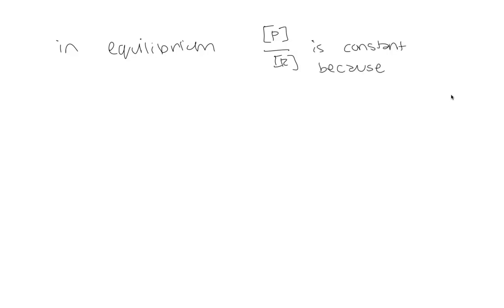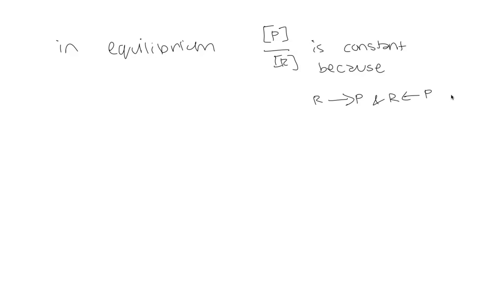In equilibrium, we would say we had this constant ratio of P over R, only because we had the rate at which we were going from our reactants to products equal the rate at which we were going from our products to reactants. And therefore, on net, they're not changing.